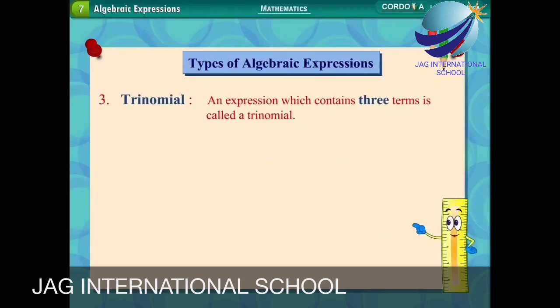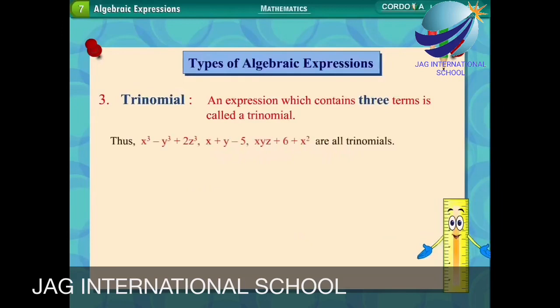Trinomial: an expression which contains three terms is called a trinomial. Thus, x cubed minus y cubed plus 2z cubed, x plus y minus 5, xyz plus 6 plus x squared are all trinomials.